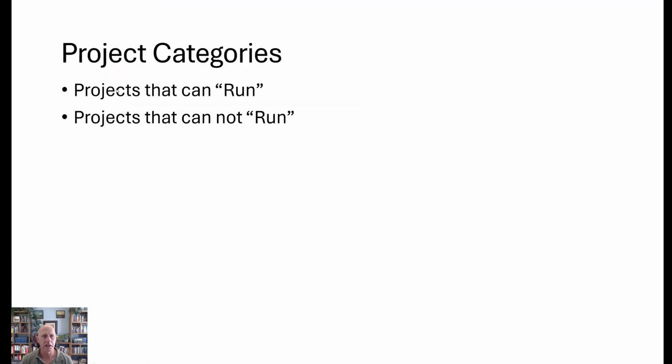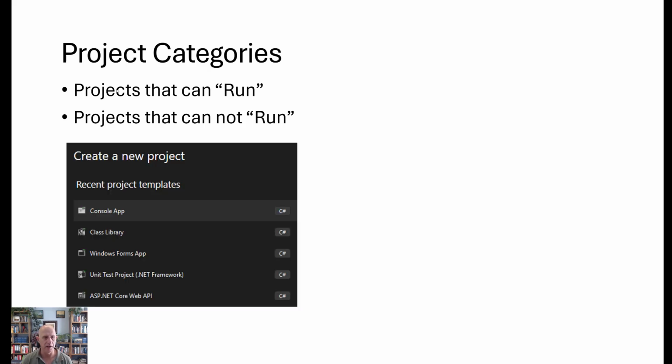So, project categories that you can create in Visual Studio generally fall in two classes. There are those projects that you can run and those projects that you cannot run. So projects that you can run is generally, so when you open up a new project in Visual Studio, and I'll give you a demonstration of this shortly, you're basically going to be confronted in C# with these project type options.